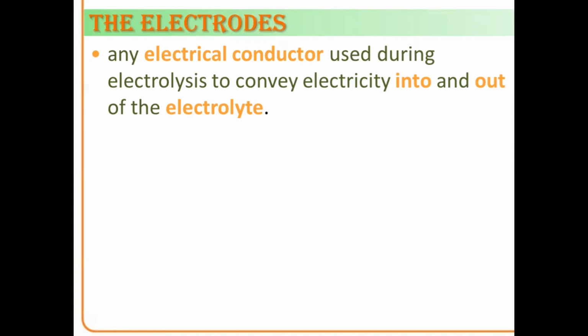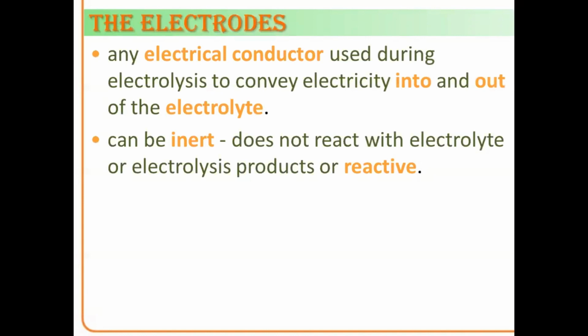Your electrode can either be inert or reactive. When an electrode is inert, this means it does not react with the electrolyte or the electrolysis products, or dissolve in whatever substance you have there. And we also have an electrode that is reactive.